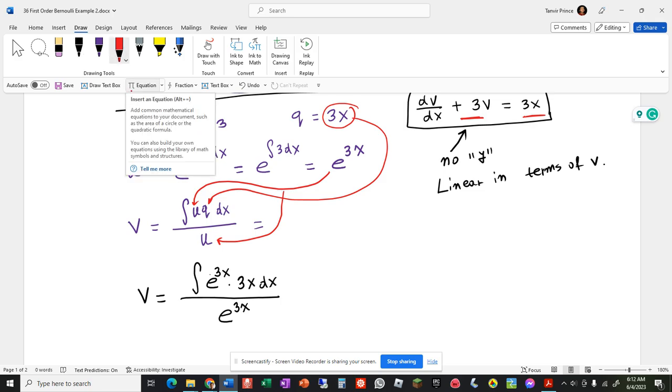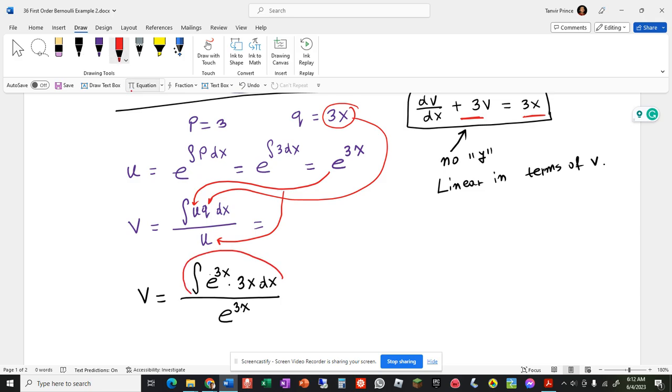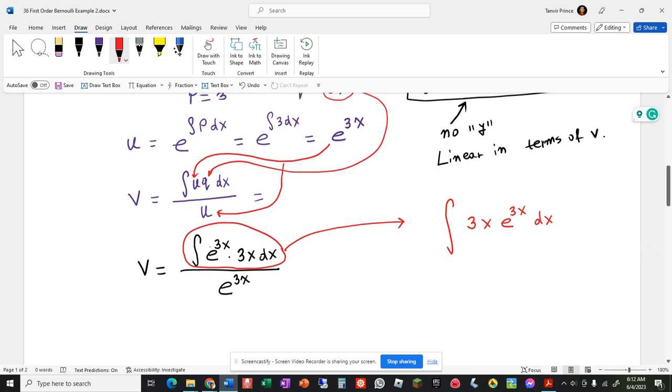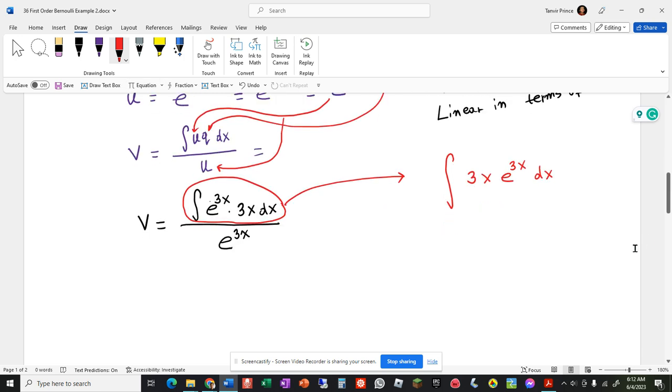So here on the top, I have to use integration by parts. So let's do that on the side. Let me write 3x in the beginning, and I'll do it fast because you already have many examples, and hopefully you remember. So this is integration by parts.